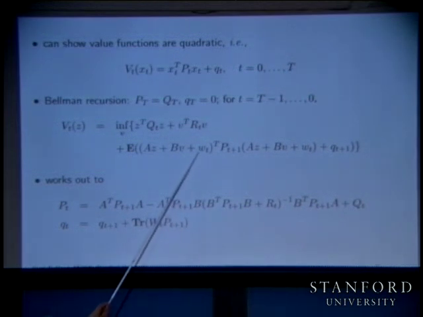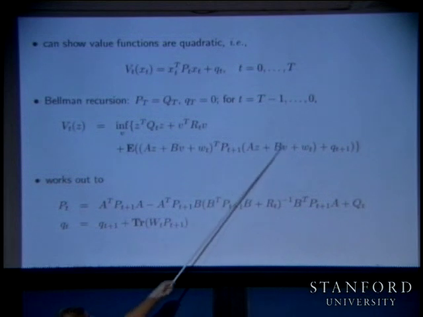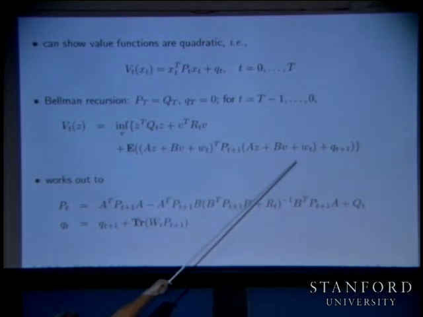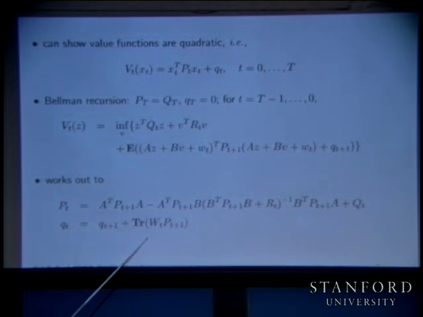So, for example, the w_t transpose P times all of these terms goes away because that's zero mean. And the only thing that really comes up here is you have w_t transpose P_{t+1} w_t, and the expected value of that is this.